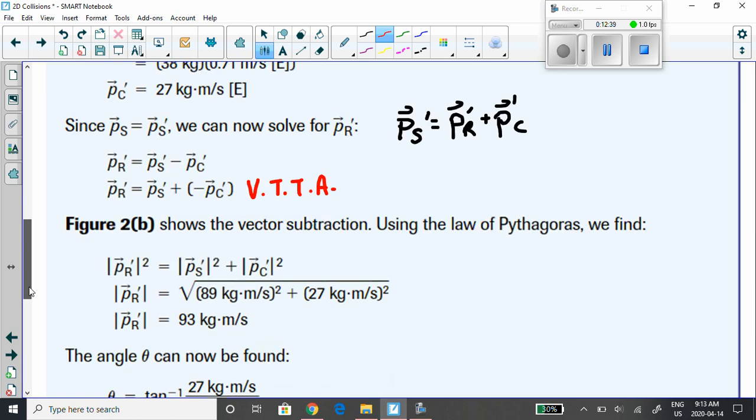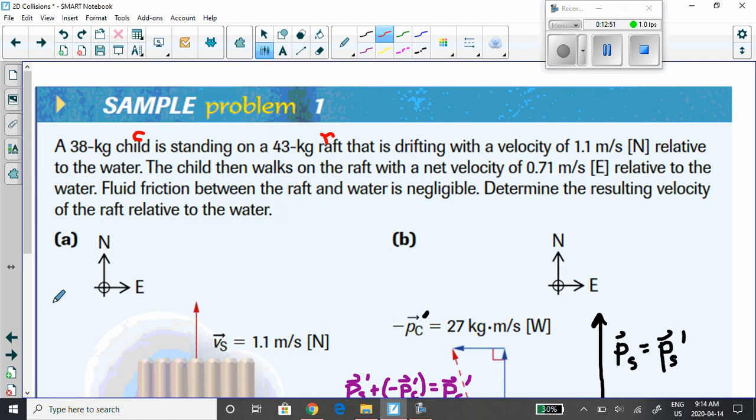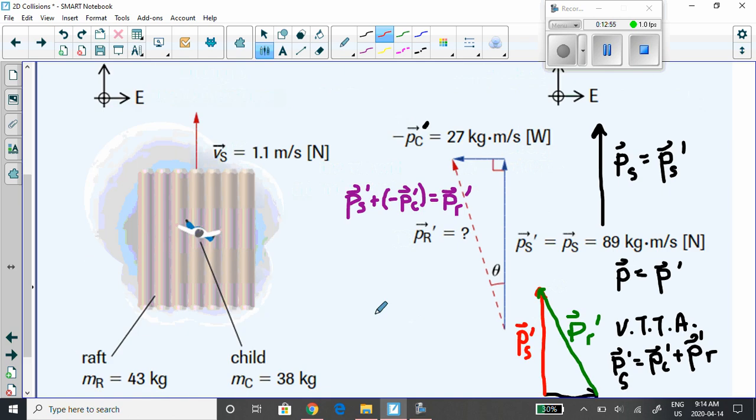And then it says figure 2b shows the vector subtraction using the law of Pythagoras, or what we call vector tip to tail addition. So what they're saying is, let's go back to the diagram. I know the system momentum that is conserved. I know the child's momentum while the child is walking.